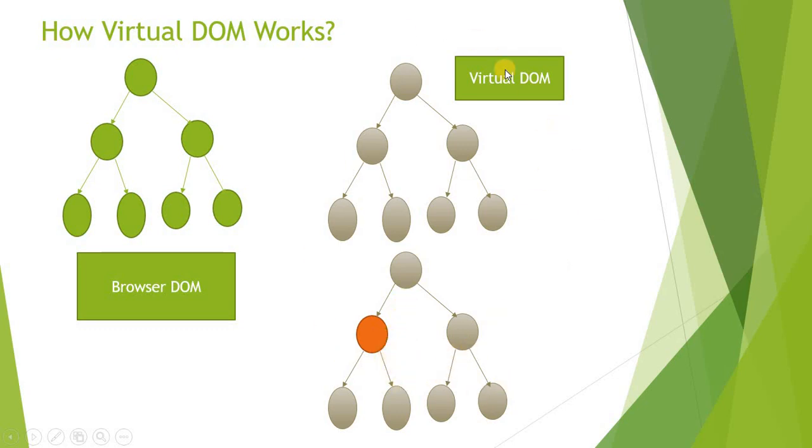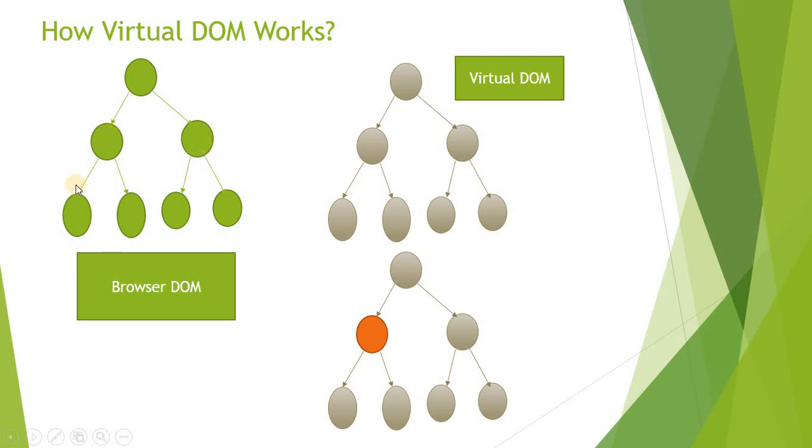So it calculates the differences between these virtual DOMs and finds out which node has been updated. After evaluating this, it connects with the browser DOM and updates only this particular node in the actual DOM.